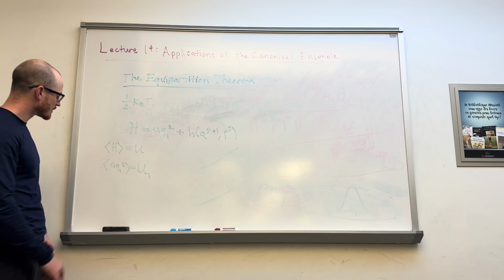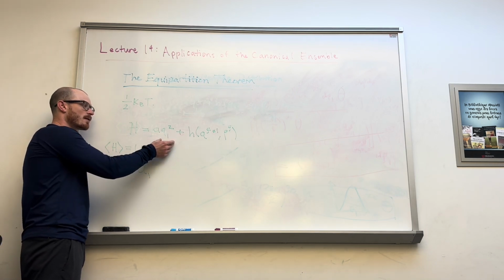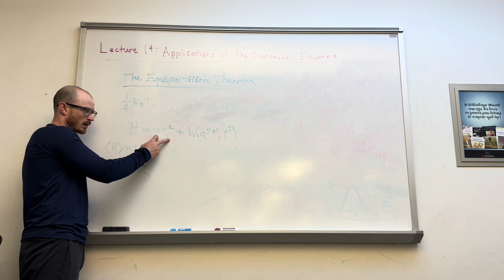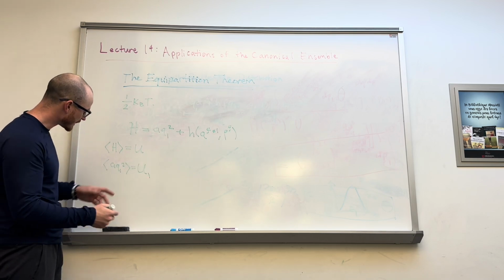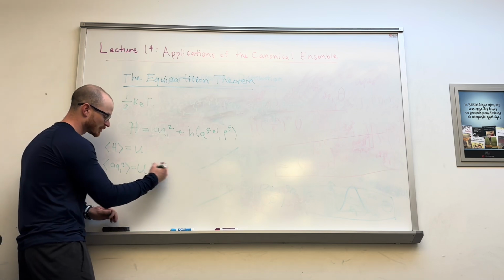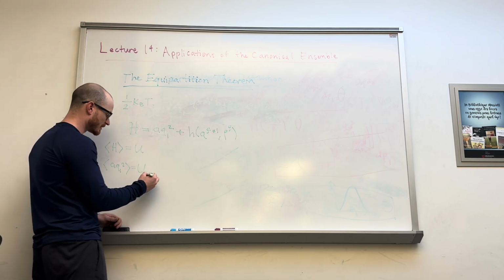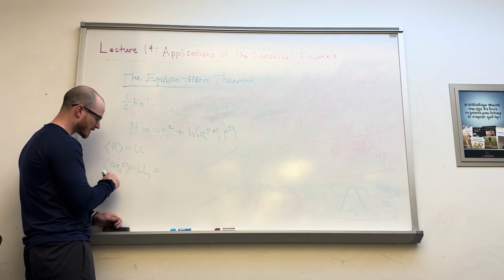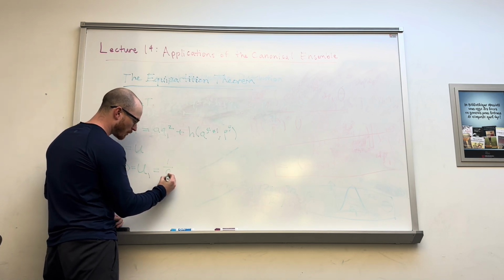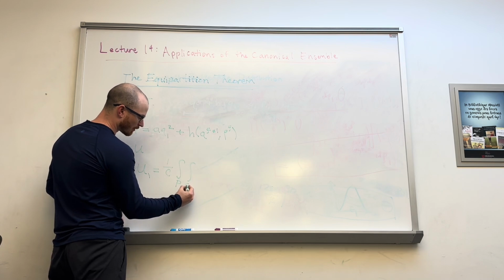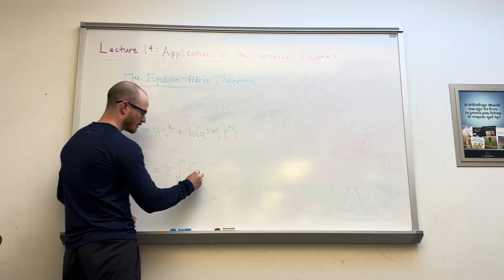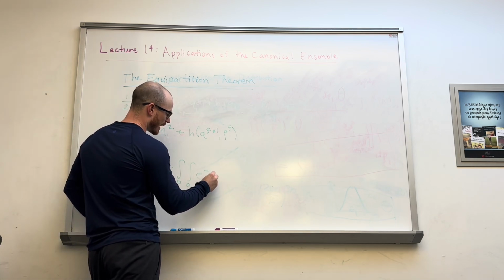So the question is, what is the expectation from this single quadratic contribution? Well, we can calculate that by taking its expectation. Now, what is the definition of the expectation? The expectation is equal to 1 over c, integral over all of the p's, integral over all of the q's, of e to the minus beta h.